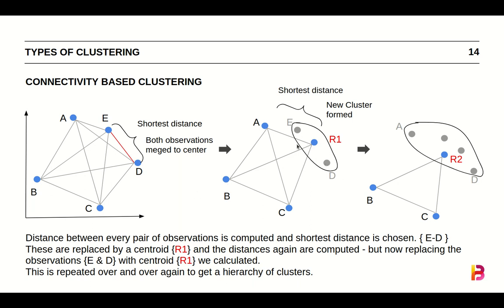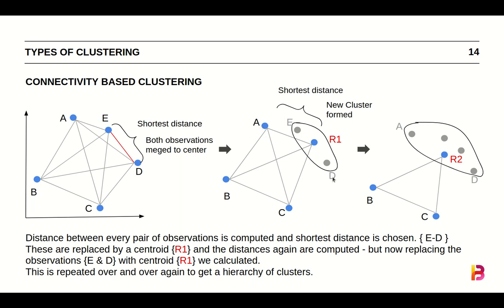So we recalculate distance between every 2 possible pair of points, and we do the same thing. We again take the shortest distance. Now between A and R1 is our shortest distance. Now we club all of this in one cluster. So A, E and D becomes one cluster. This is R1, it is not a point of the data.